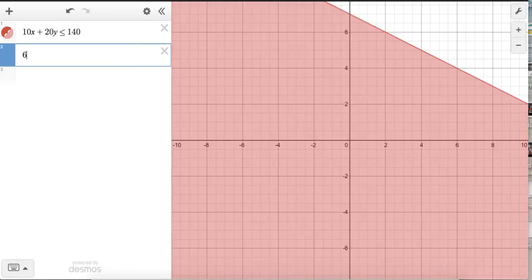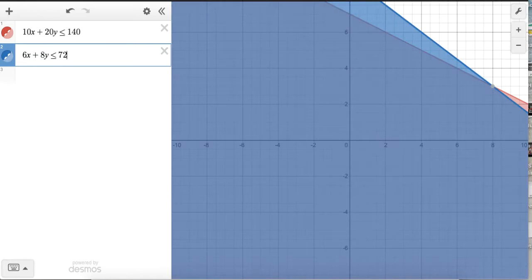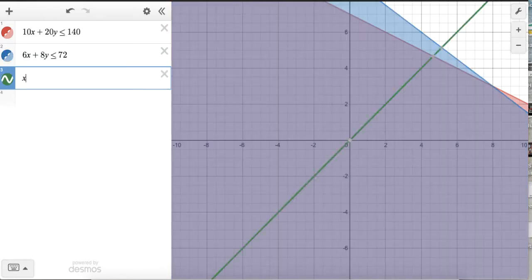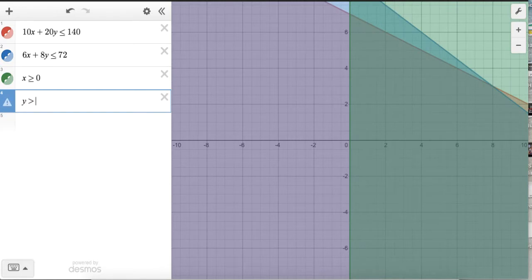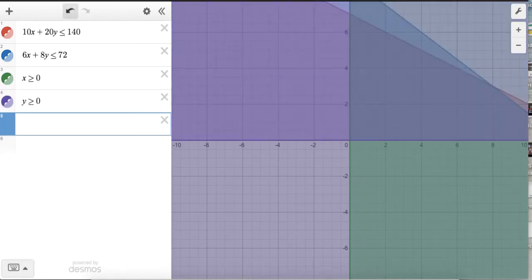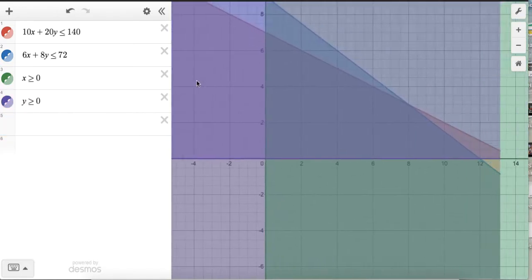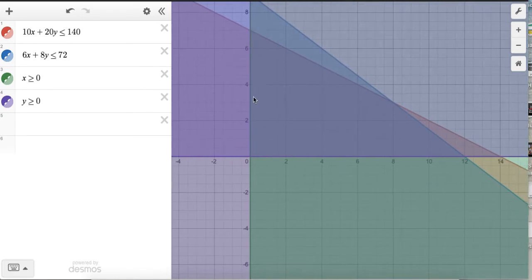We have 6x plus 8y is less than or equal to 72. We're also going to add that x is greater than or equal to 0 and y is greater than or equal to 0. What that does is create this region where all of these overlap, and it has 4 vertices.